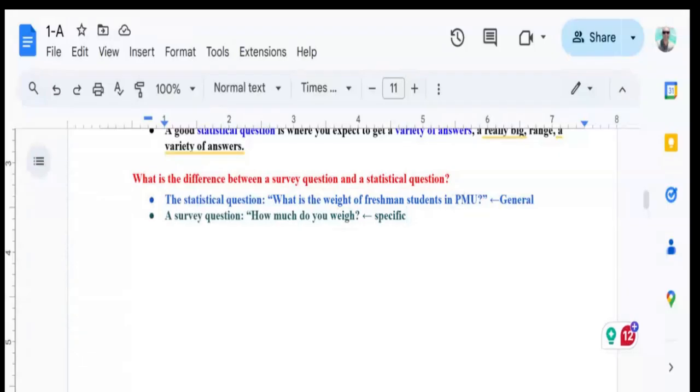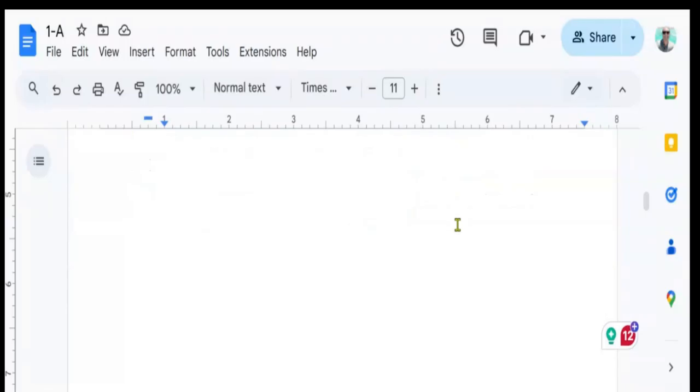It means I'm going to get your weight, his weight, and then divide by the number, and I will say, oh, freshman students in BMU, their average weight is similar to the grade. If you take GPA, for example, I can do the GPA for all freshmen or the GPA for seniors.